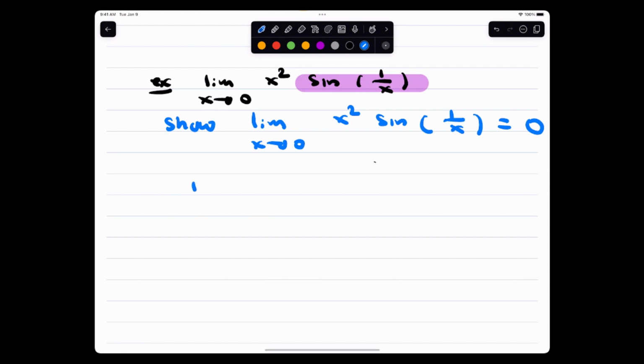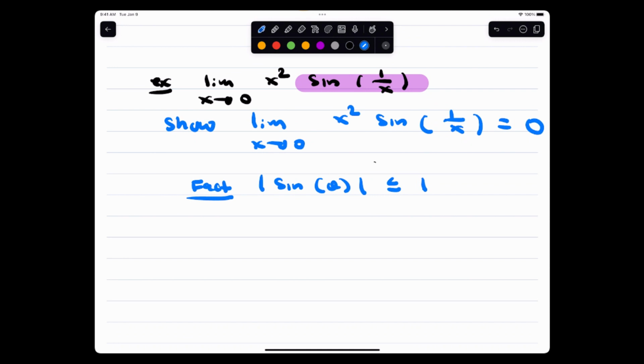Let's give you guys this fact. Do you guys know the absolute value of sine of any angle is less than or equal to 1? This is an extremely important fact about the sine function.